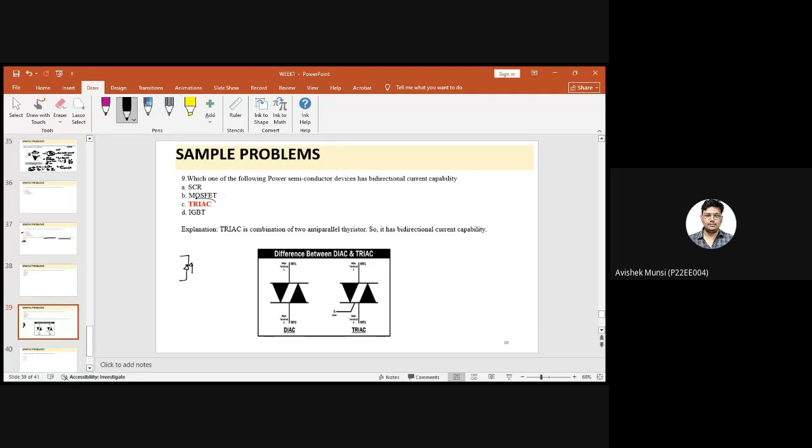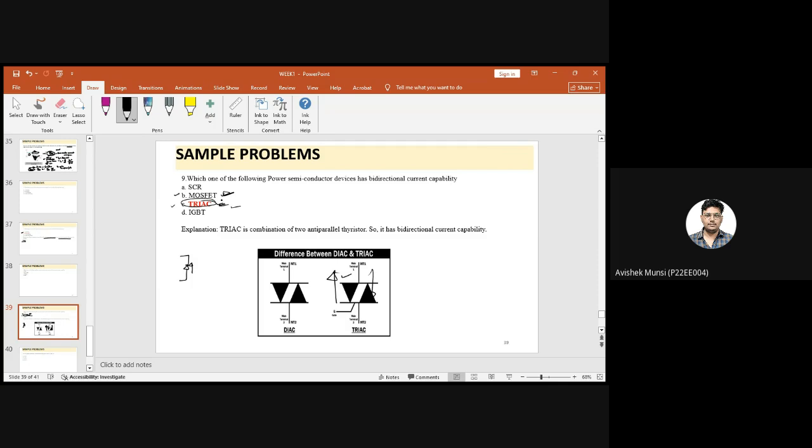Whenever you have an option like triac, you have to answer triac, because a triac has the combination of two anti-parallel thyristors, so current can flow from here and current can flow from here. MOSFET is also a correct answer in a multiple-select question, but this is an MCQ, so the more accurate answer will be triac.